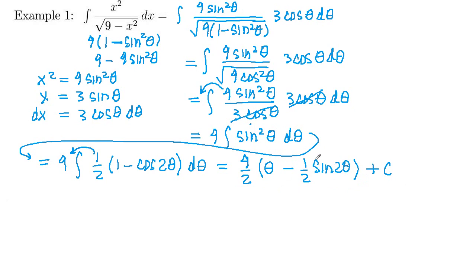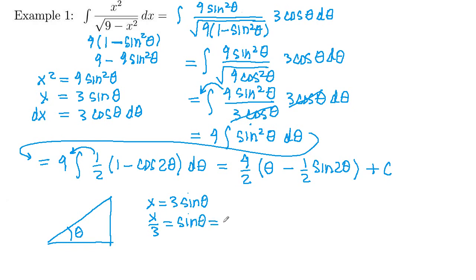However, it's in terms of theta. We've got to put it back in terms of x. The way you do that is you draw a right triangle with your angle theta right here, and then you use your substitution: x is 3 sine theta. Divide both sides by 3, so x over 3 is sine theta. And remember, sine theta is opposite over hypotenuse. So opposite, we're going to put x, and the hypotenuse is 3.